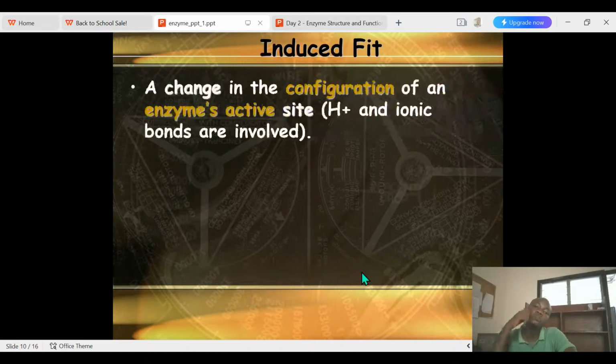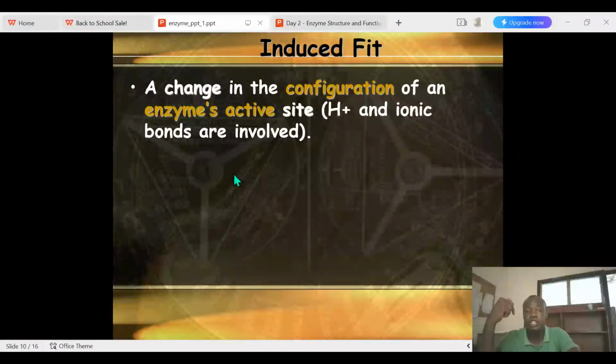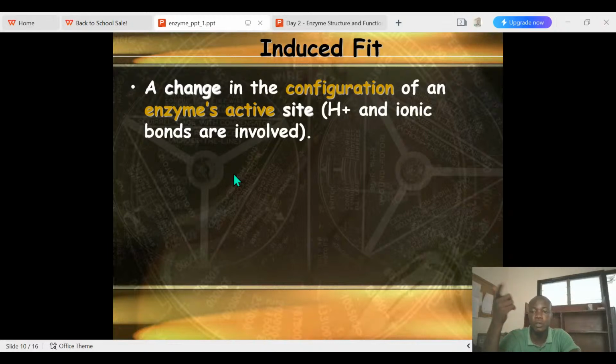So in the induced fit model, there is a change in the configuration of an enzyme's active site, and that change usually involves hydrogen bonds and ionic bonds.